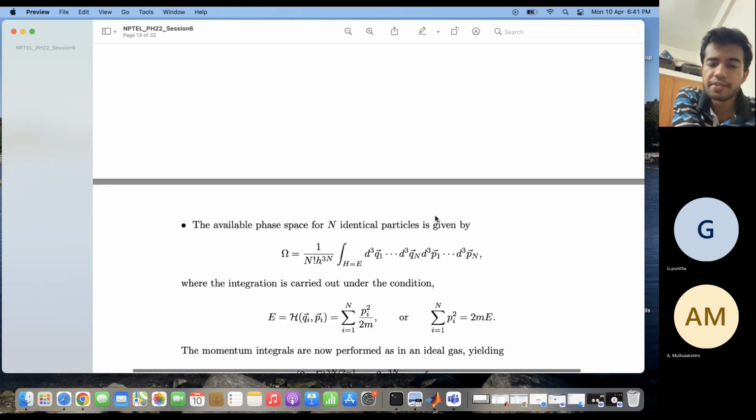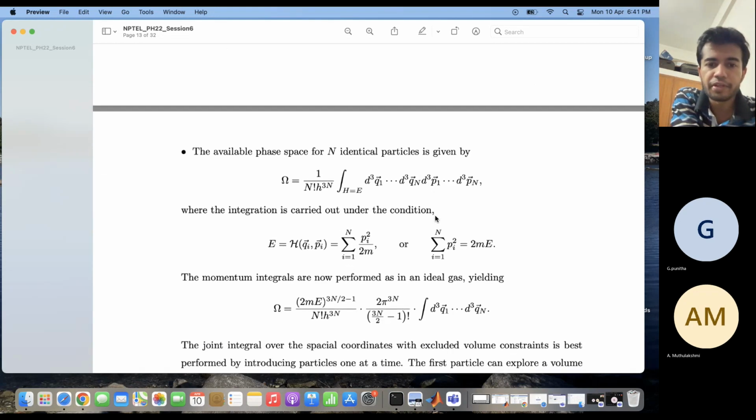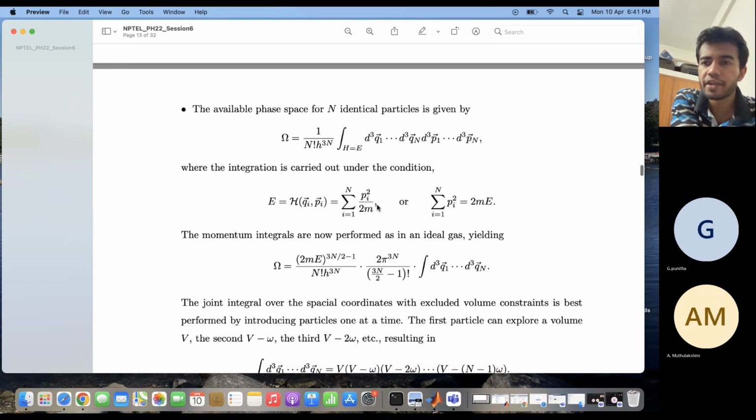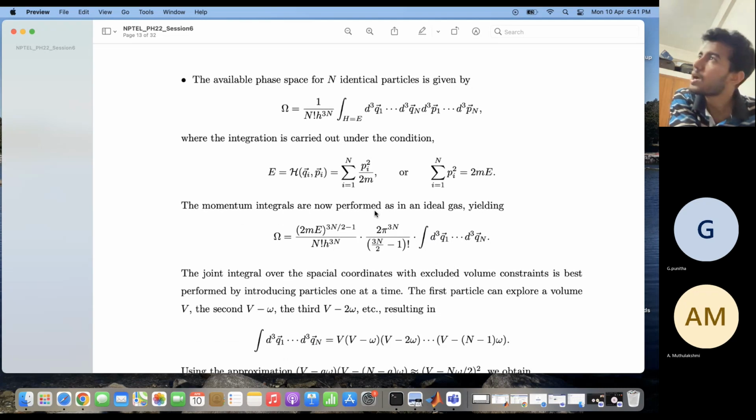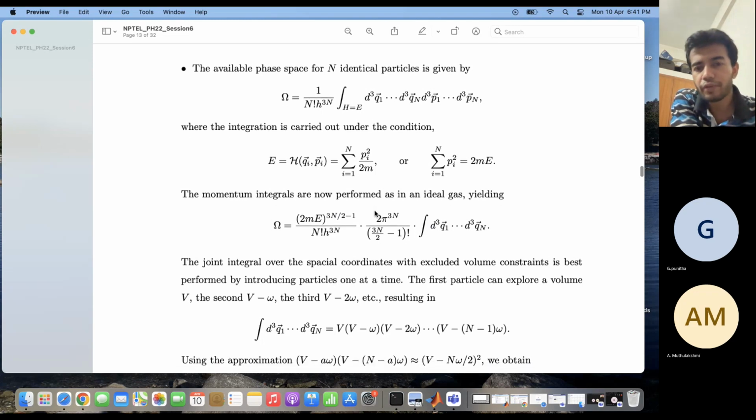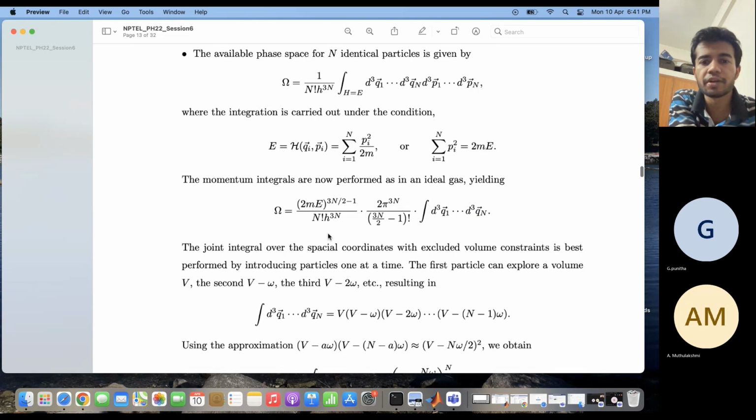Since there is no interaction potential here, the energy is just the kinetic energy of each particle, that is, total energy E equals the summation over i from 1 to N of p_i squared by 2m. So this is an n-dimensional hypersphere in momentum space, and we know the volume and surface area of the hypersphere in momentum space. This is what it turns out to be.